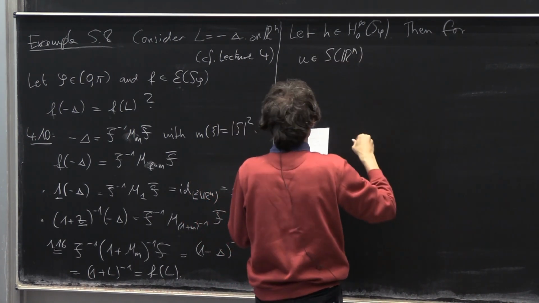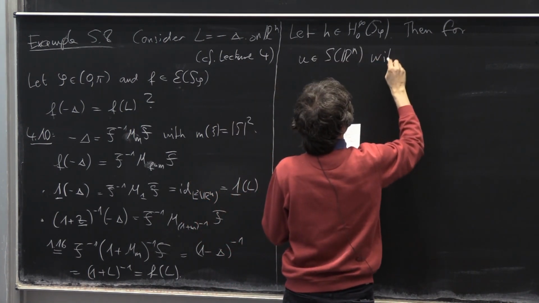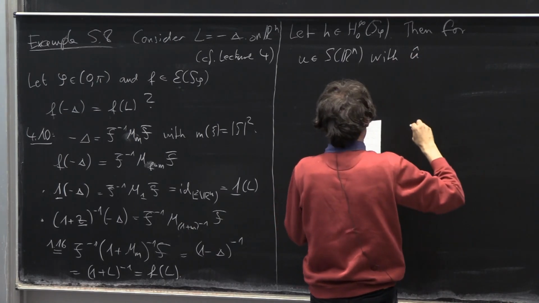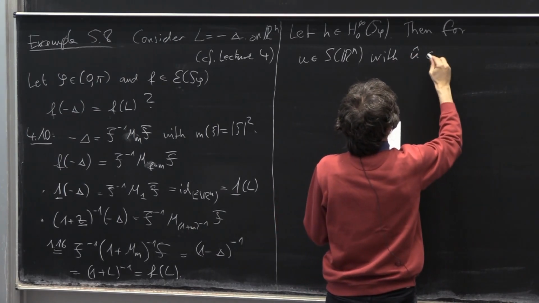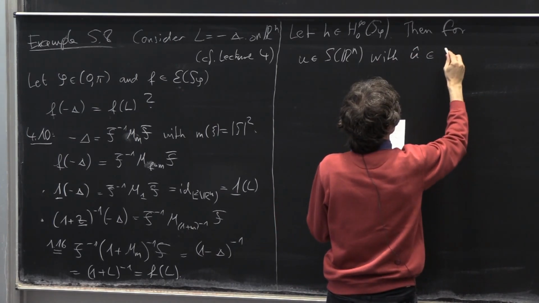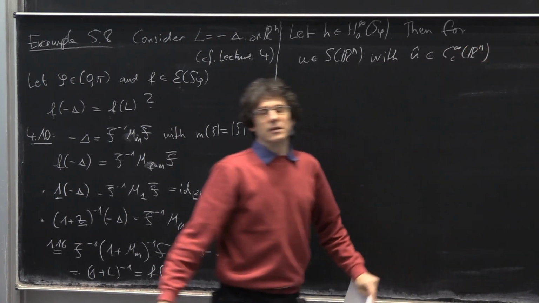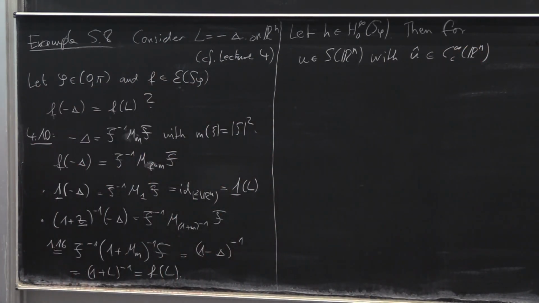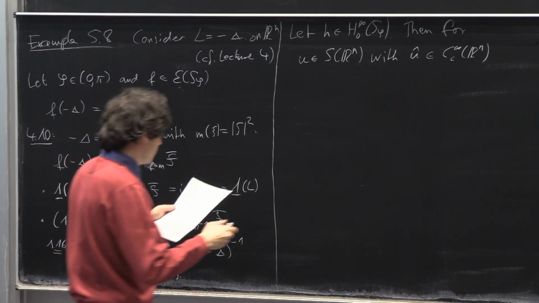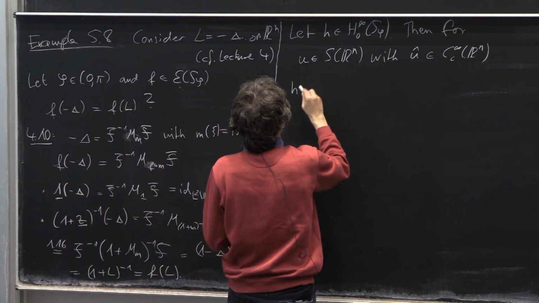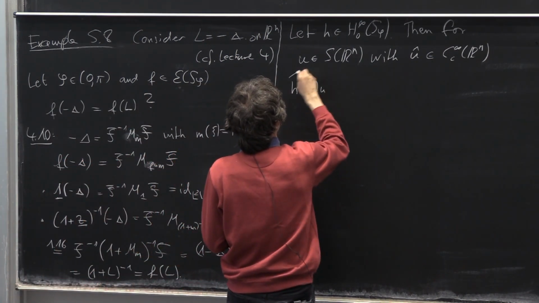So take some u in the Schwartz space, such that the Fourier transform of this function, which is also in the Schwartz space, is not only Schwartz, but even a test function, C_c infinity. Okay, and for these arguments u, calculate h of L u and then the Fourier transform.